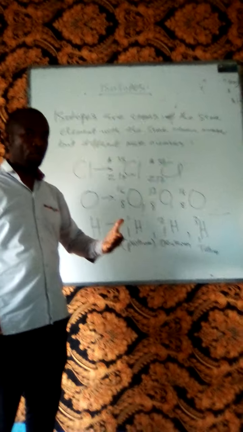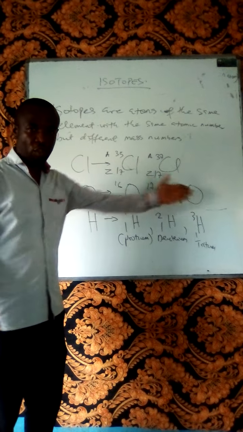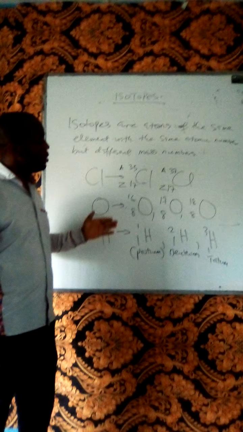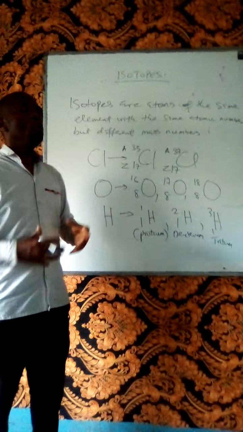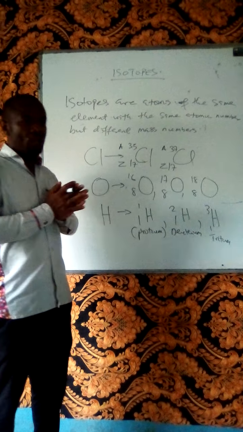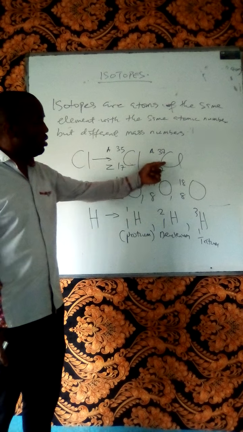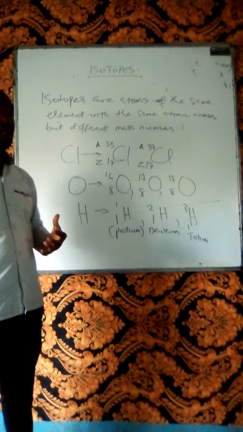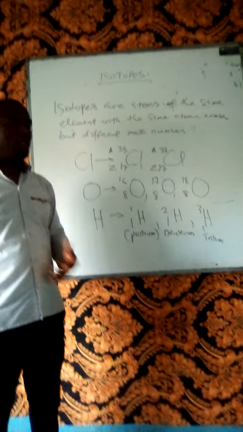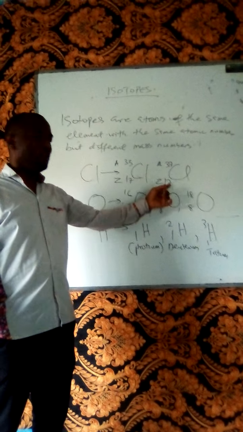Isotopy is a phenomenon, while isotopes refer to the atoms. Now, looking at this, the question is, isotopes of the same element, do they have similarities? Let's just look at chlorine for instance. Do they have similarities? Yes. What are their similarities? They have the same atomic number, 17.